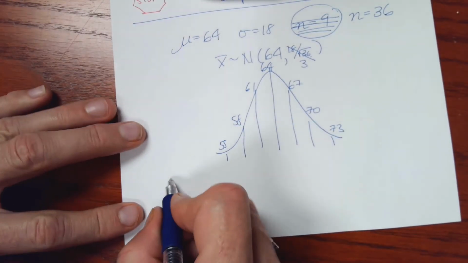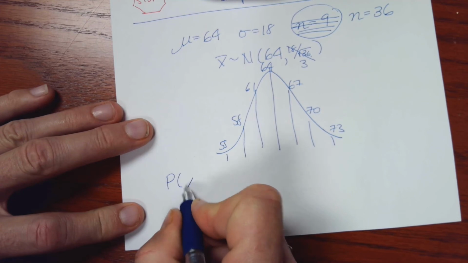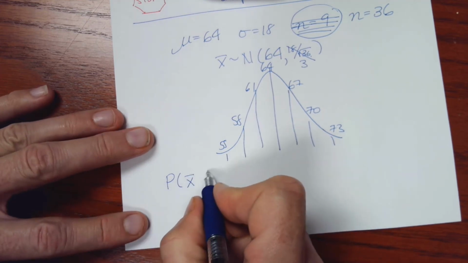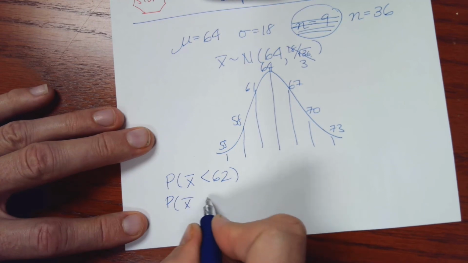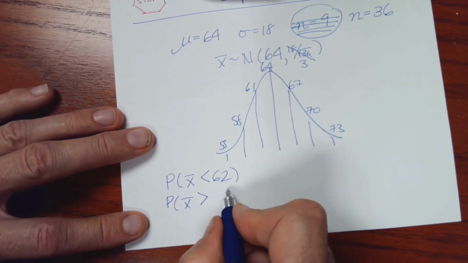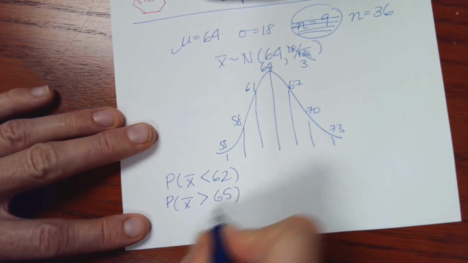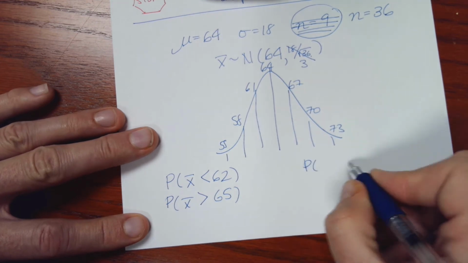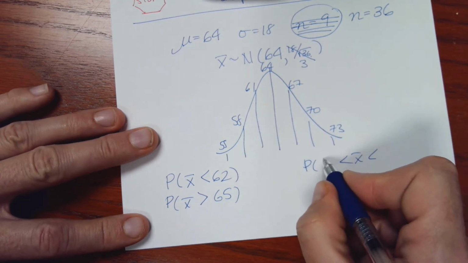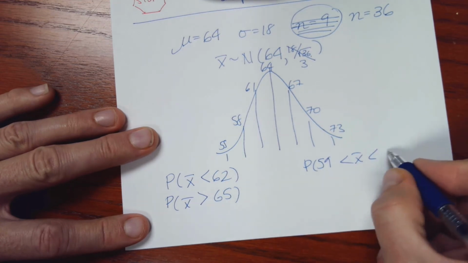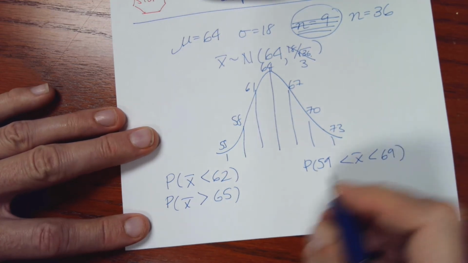Now, knowing this, I can answer questions such as, what's the probability that I would get a sample mean of less than 62? Or the probability that I would get a sample mean of more than 65? Or the probability that I would get a sample mean in between 59 and 69?